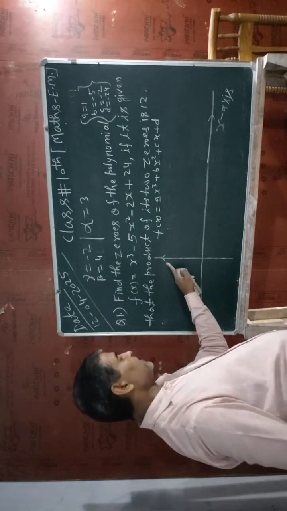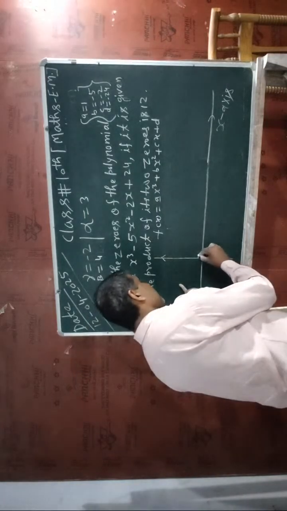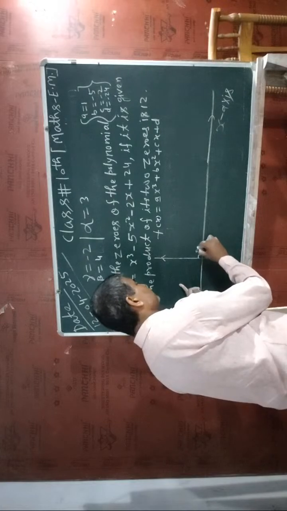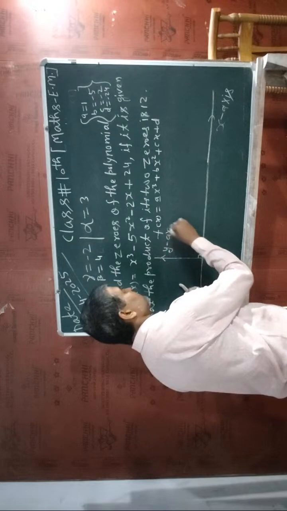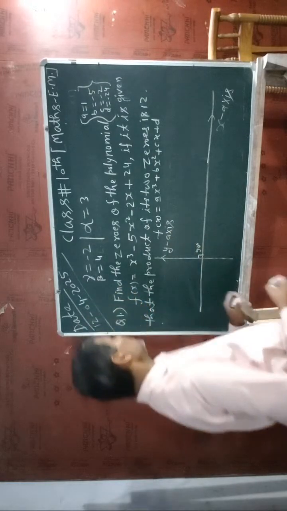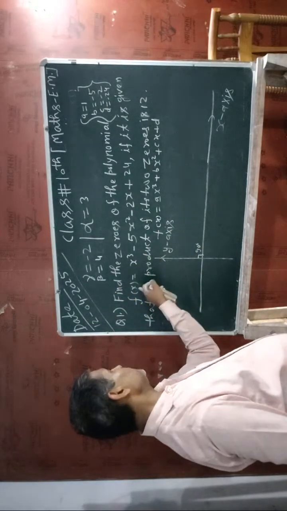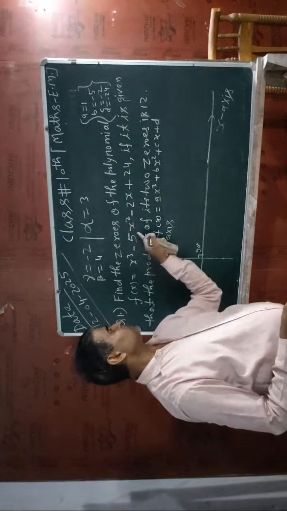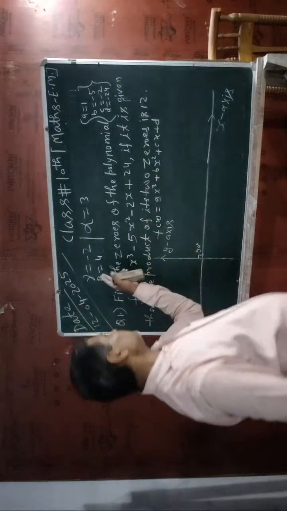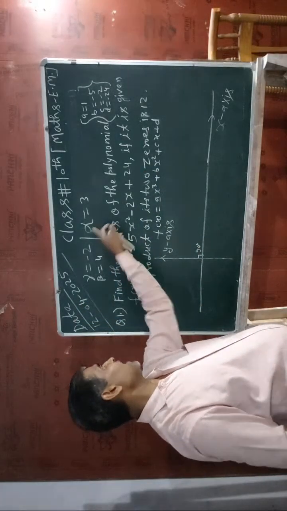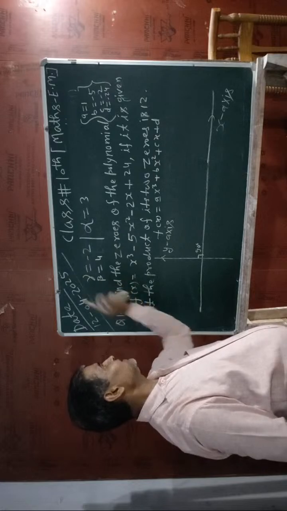Another axis I will draw which is perpendicular to the x-axis, and perpendicular means it will have 90 degrees. This is the y-axis. Now this is a polynomial f(x) is equal to x cube minus 5x square minus 2x plus 24, and I have got three zeros. One is alpha, second is beta, and third is gamma.